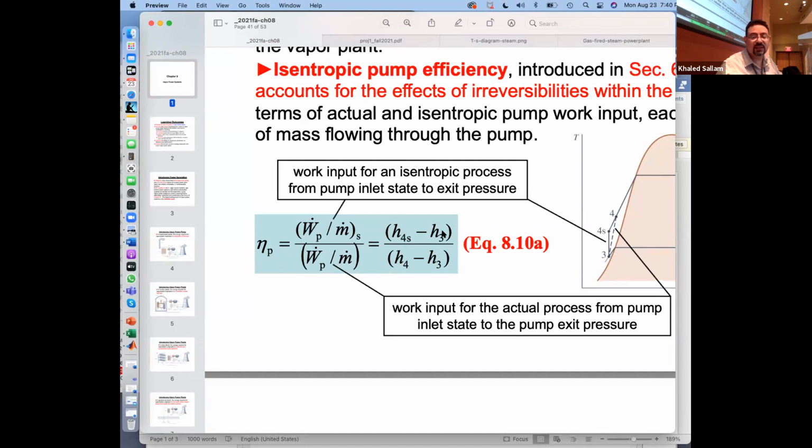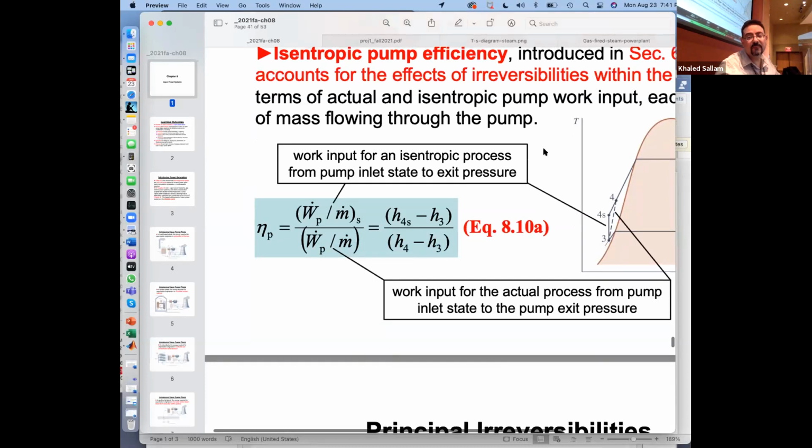I know 4S and 3, so I will use this equation to get 4. This equation helps you get the actual exit from the ideal exit. Same for the turbine: we go isentropic ideally up, and then we use the equation to calculate the actual. All right? Questions?